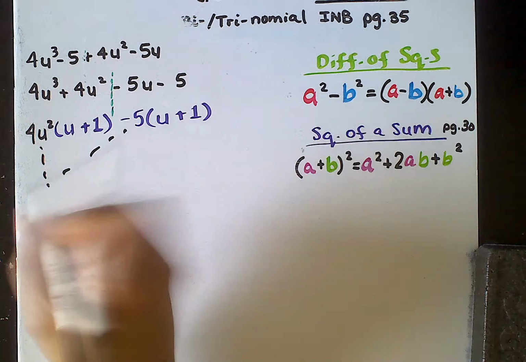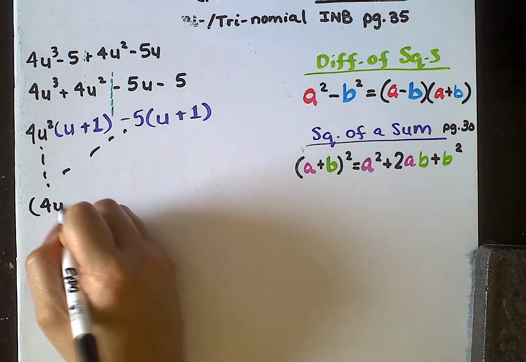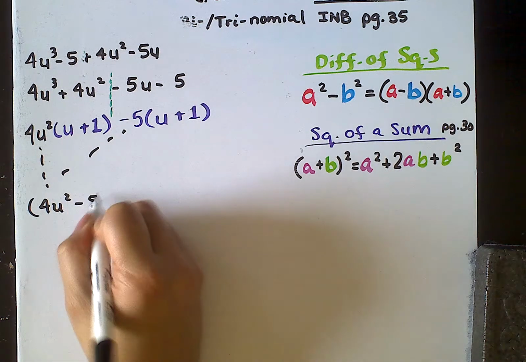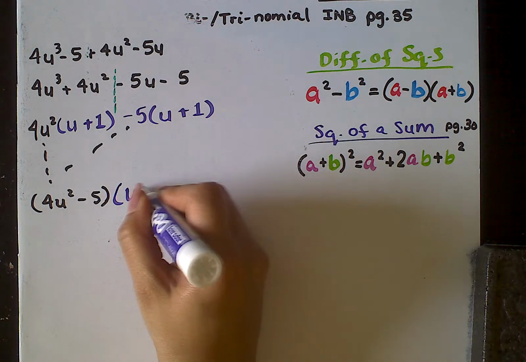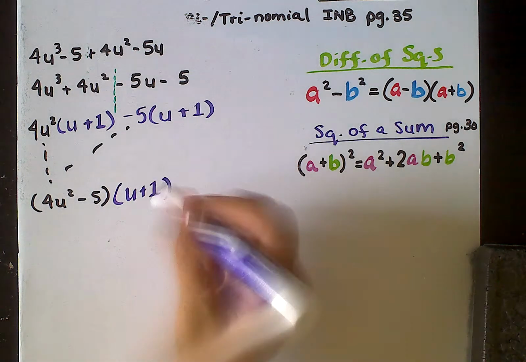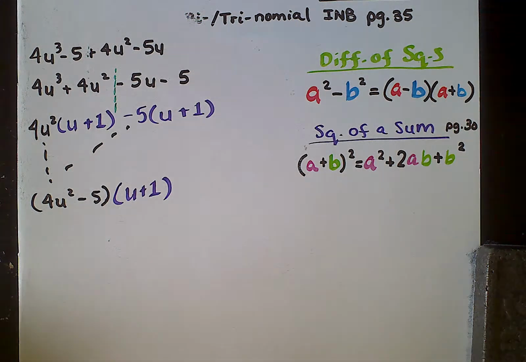So that would be 4u squared minus 5 and my u plus 1, sorry. So I'm going to type that in real quick. 4u squared minus 5, and then u plus 1.